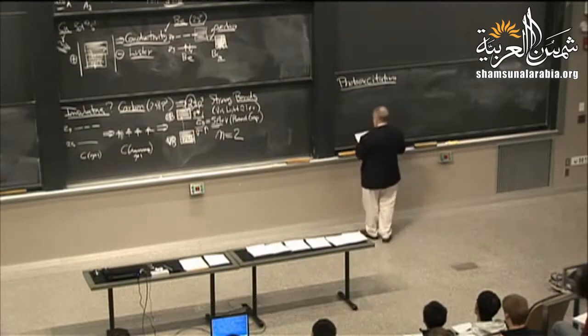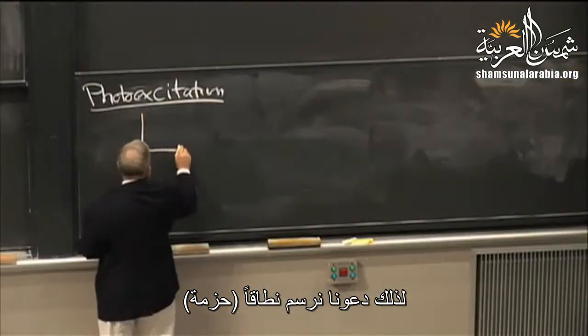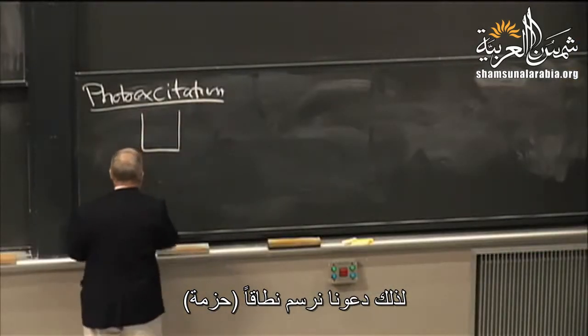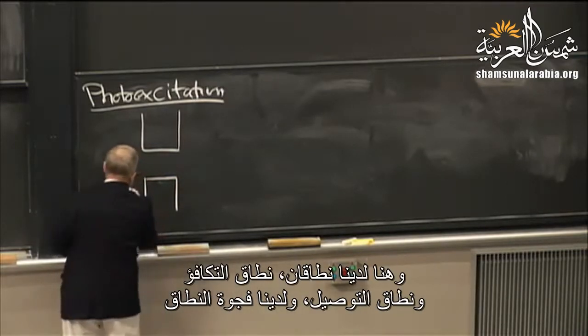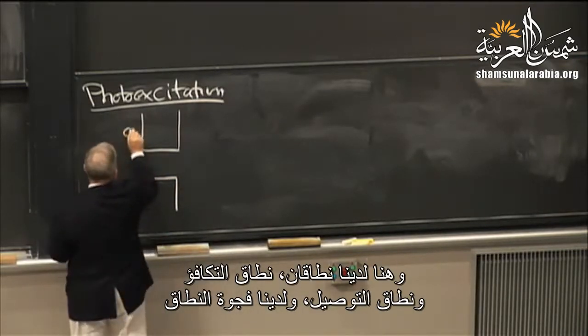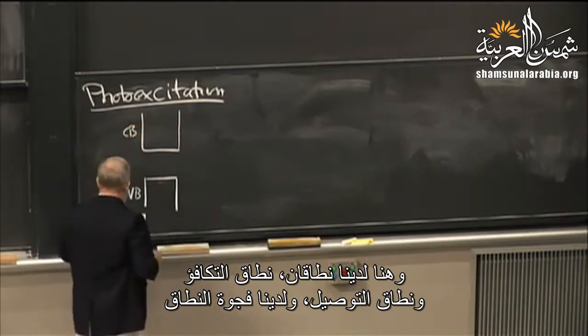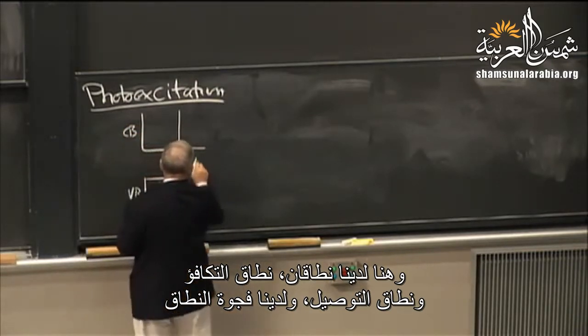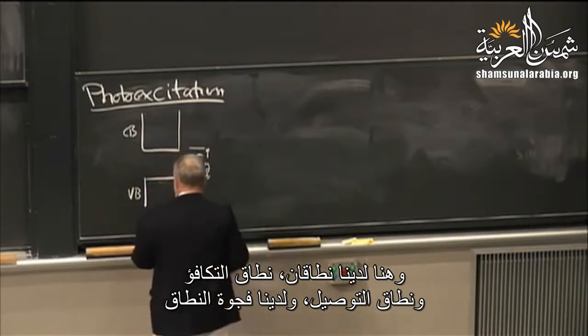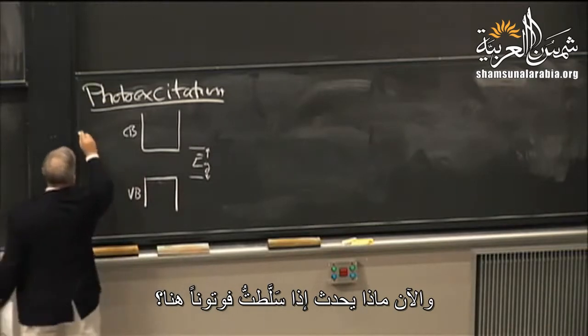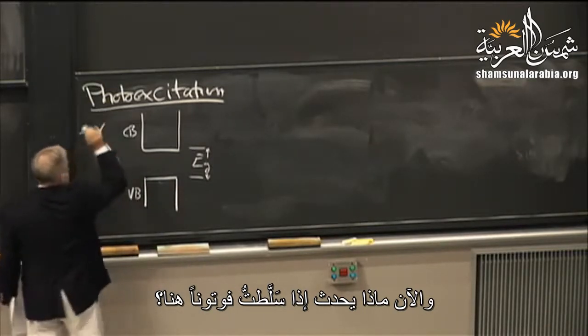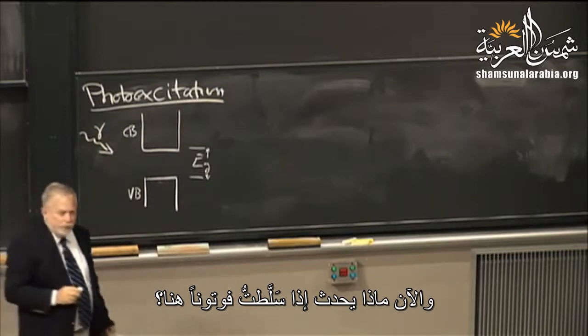So let's draw a general band. Here's our two bands. This is the valence band. This is the conduction band, and we have a band gap. And now what happens if I fire a photon here?